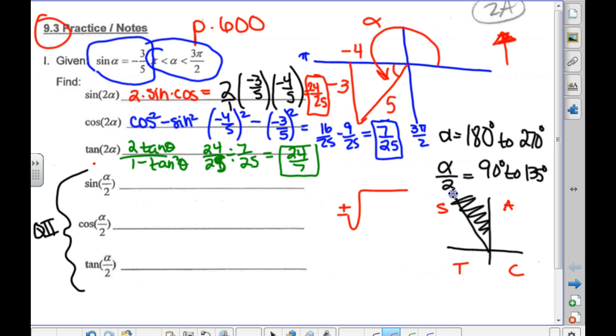I just remember it's the y value is sine and y is positive in this quadrant. So this one is going to be positive. Cosine in quadrant 2 is going to be negative. And tangent in quadrant 2 is going to be negative. All right, so we took care of all that plus or minus business. Everybody okay with how we did that? We'll do a couple more so we can practice it.